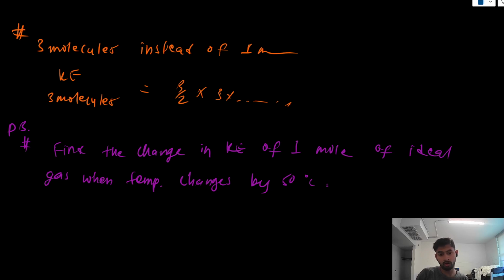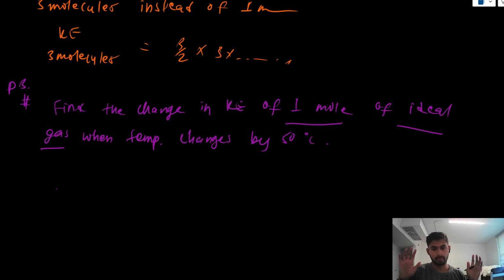Now, in this problem, we are supposed to do something similar to what we did earlier, and the thing that we need to consider is it's 1 mole of an ideal gas, because if it is not an ideal gas, then we can't apply the equations that we have deduced in previous videos.